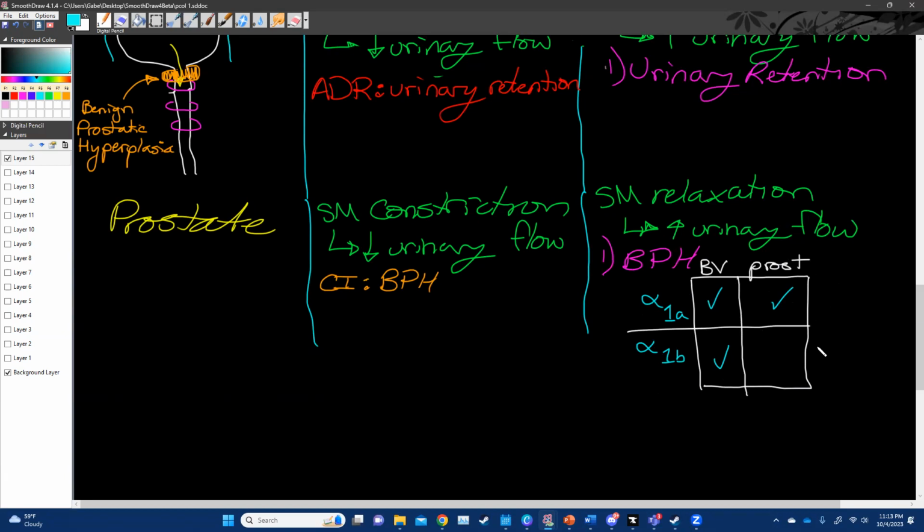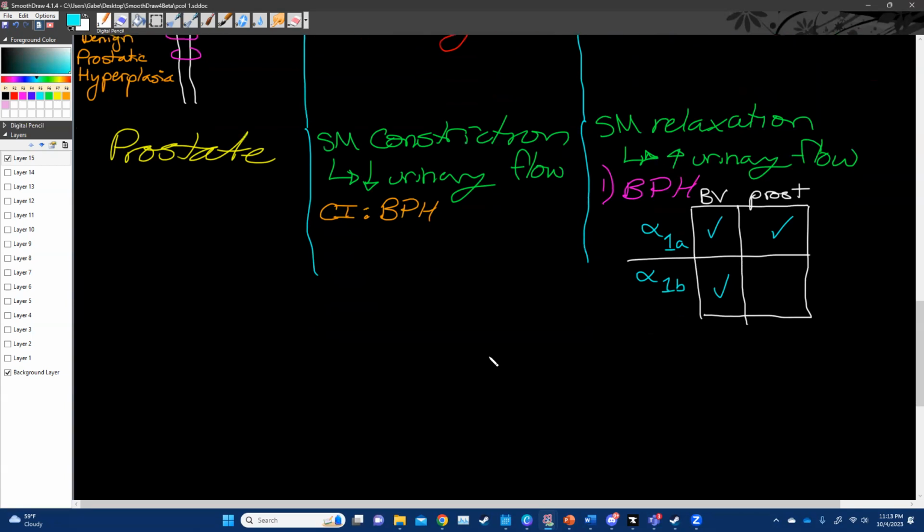If you choose an alpha 1B antagonist, it's doing nothing for the prostate. Nothing at all. Hopefully that makes sense. Moving right along.